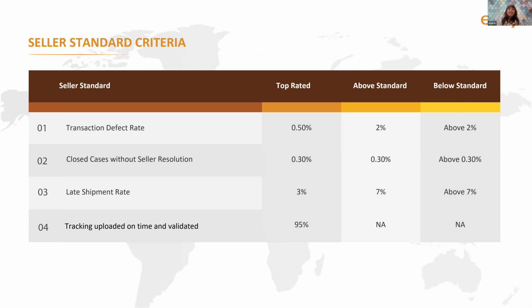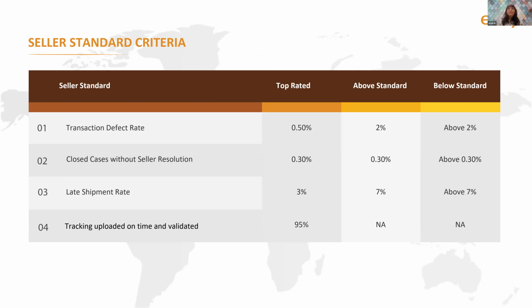And anything that makes you improve on the set criteria of above standard makes you reach another level, which is top rated seller, which means if your transaction defect rate happens to be 0.50% or even below that, there are chances that you may become an eBay top rated seller. Cases closed without seller resolution, again maintaining it at 0.30%.